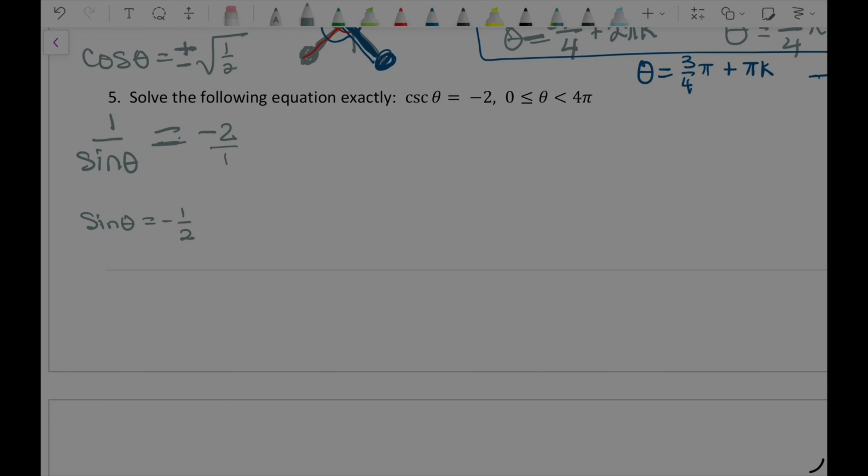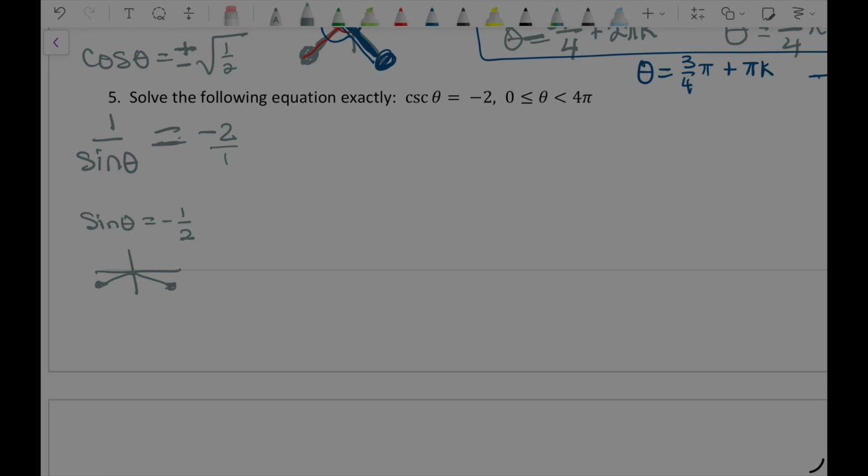now it's something I remember from a previous example. Where is the sine of theta equal to -1/2? Here and here, right? They're not across from each other, so I need to write this two different ways. I can't combine them.